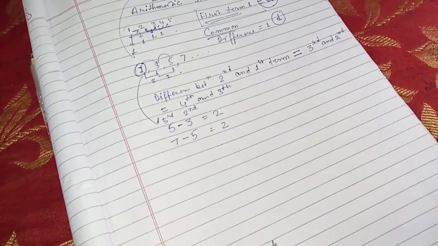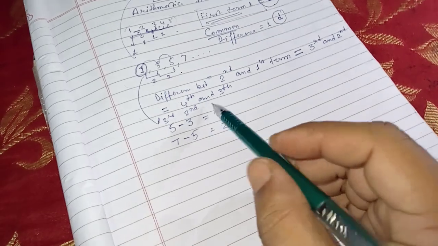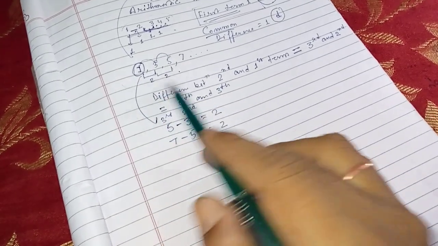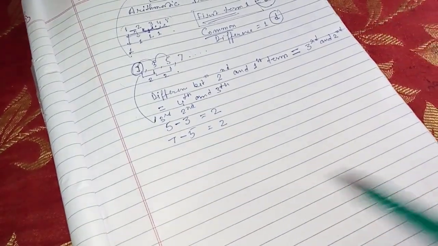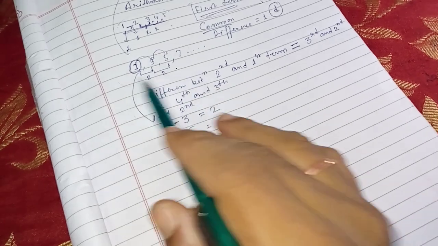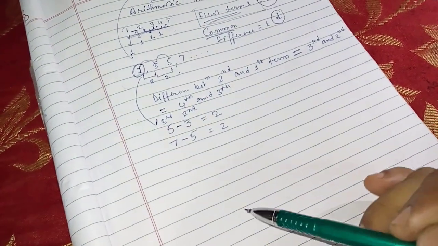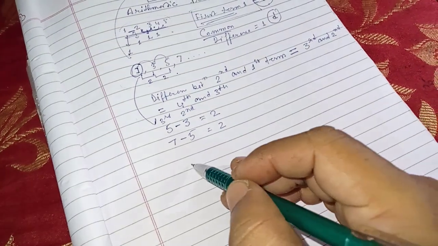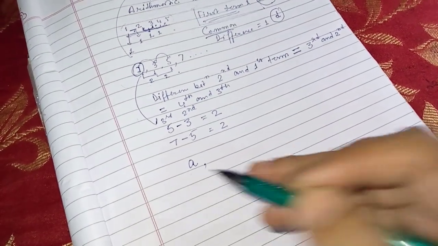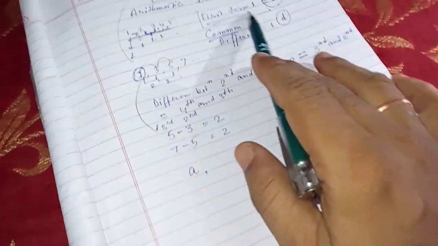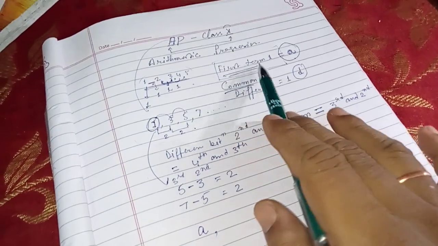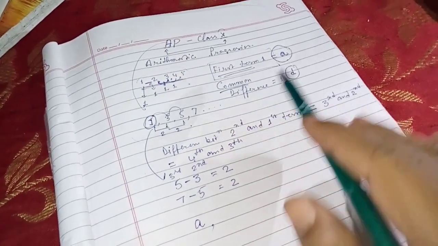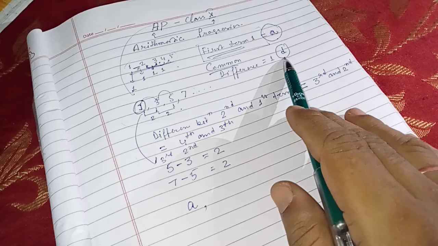Now let's take a deeper view onto this series of numbers, these APs. What is the view? If I am writing the first term as a, because I have already told you that the first term will be identified by a, and the common difference by small d.